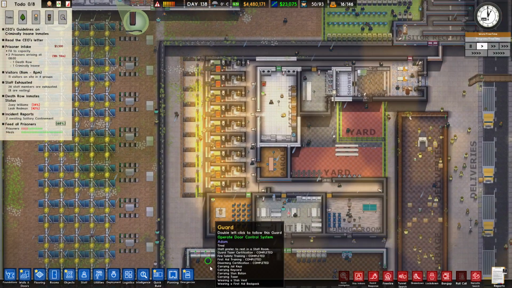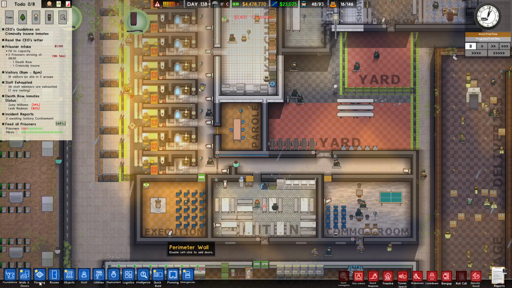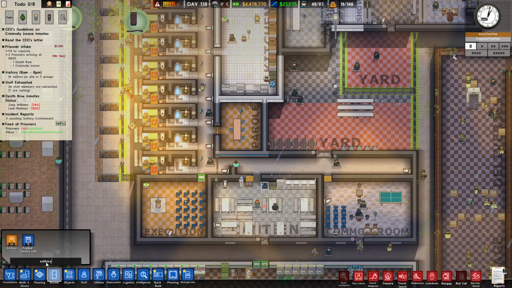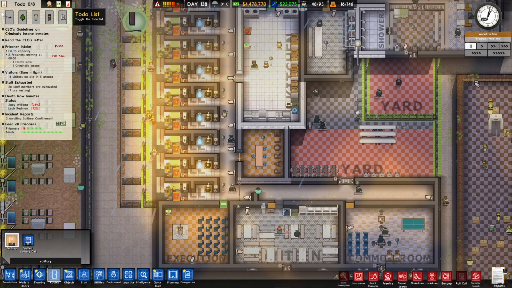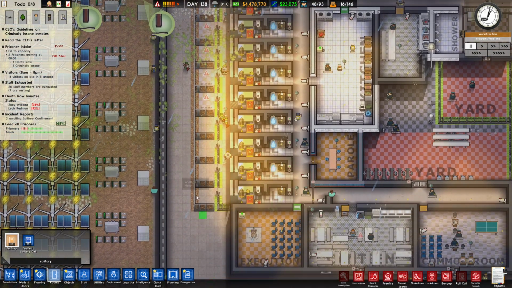I don't think I gave them any solitary, so that's what these can be, can't they? They were supposed to be the cage, but because they don't have yard time, they don't get used like that. Oh, there's no water. I wonder why not.